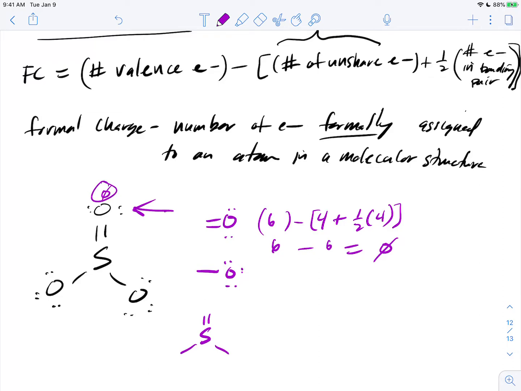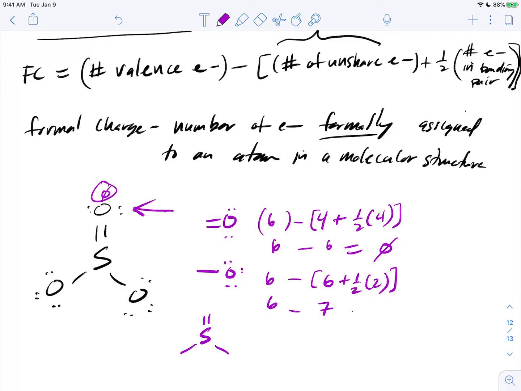Okay. If we look at the oxygen with a single bond, 6 is still going to be here. We now look at how many electrons are unshared. We have 2, 4, 6 from the lone pairs. That's going to be 6 plus 1/2. Now we only have 2 electrons that are in a bond, and so it's going to be 6 minus 7.